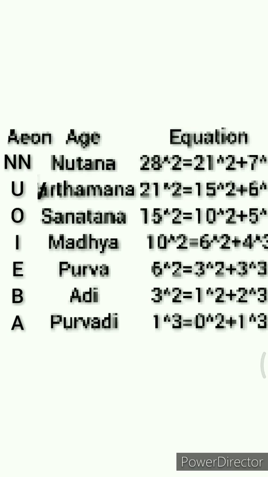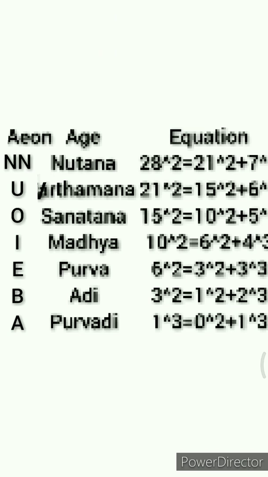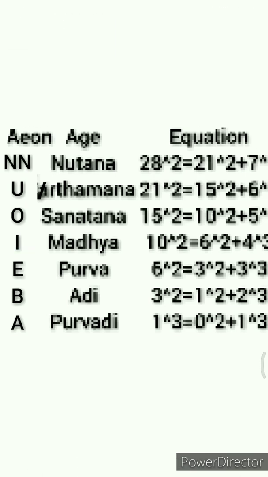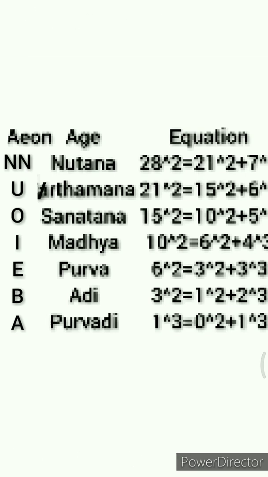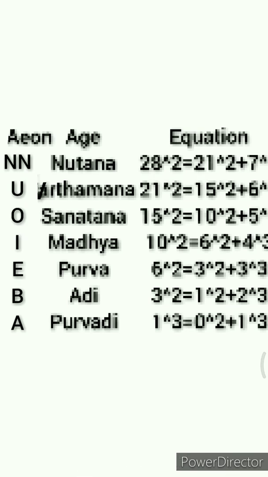Now let me explain why U is correctly associated with 21 squared, and O, being the 15th letter, is associated with 15 squared correctly. But when it comes to I, it was associated with 10 squared. Why? There's a reason why it is I rather than J. The 10th letter is J, but we have I here. Why?